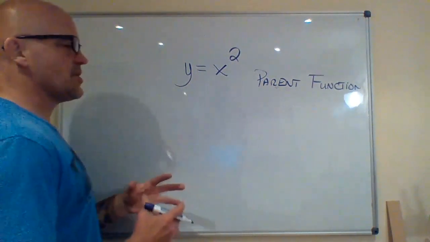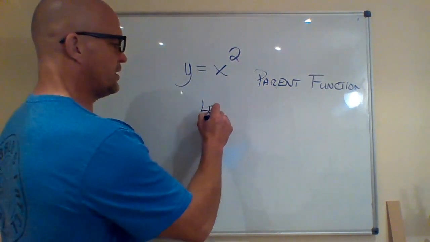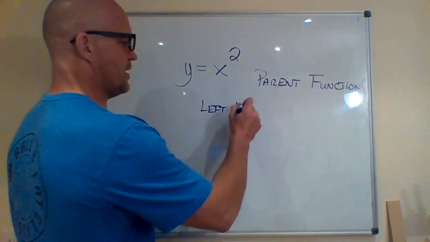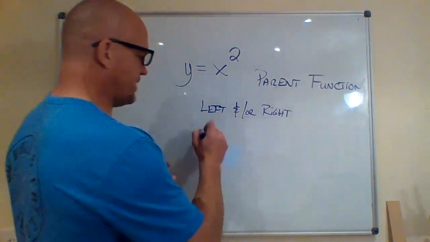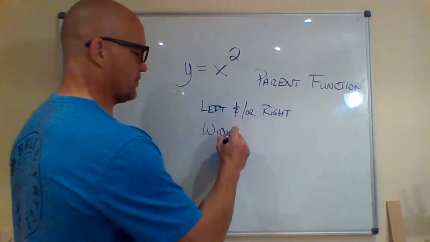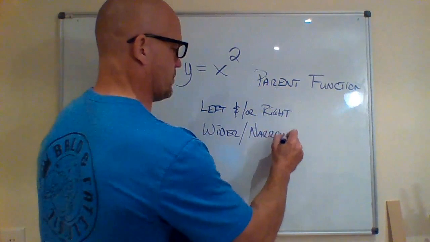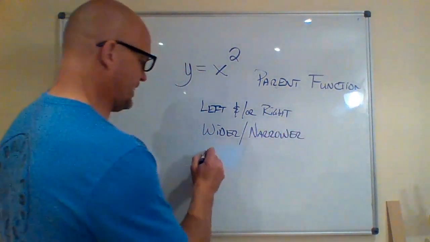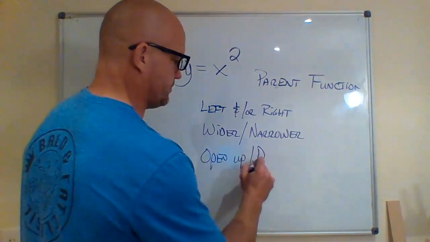I want you to take note of, where did it shift to? Did it move left and or right? Is it wider or narrower? And last but not least, is it opening up or down?